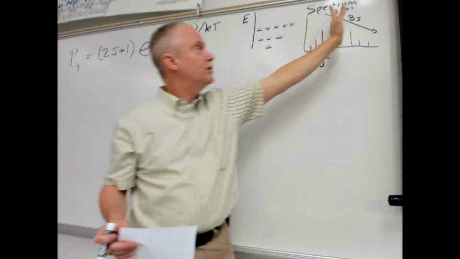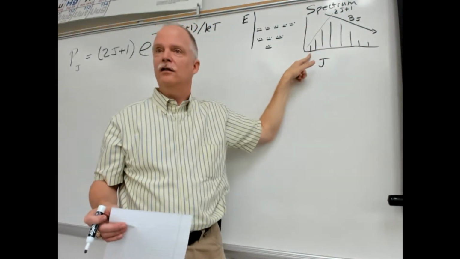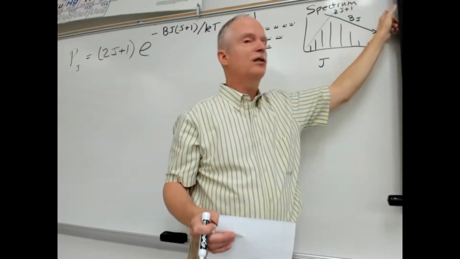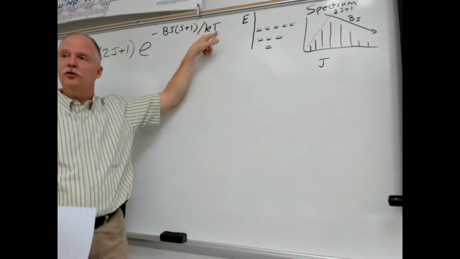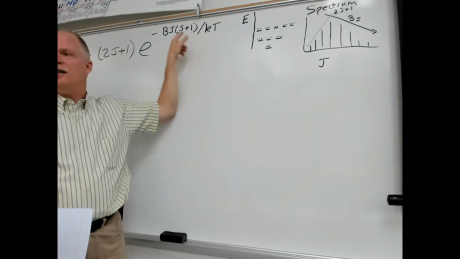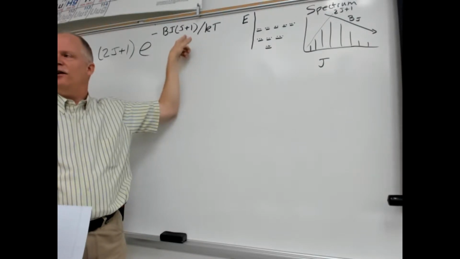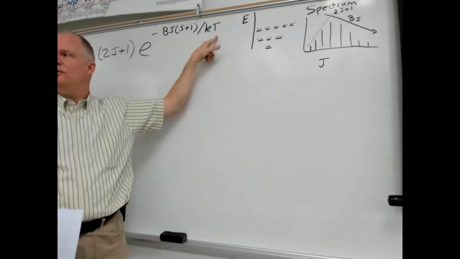So at cold temperatures, this Boltzmann is really steep and only this peak survives. At really high temperatures, it drops off very slowly. So think about this. If T is huge, this fraction doesn't change very much when I add J's. So there's really very little difference from J to J to J if temperature is huge.